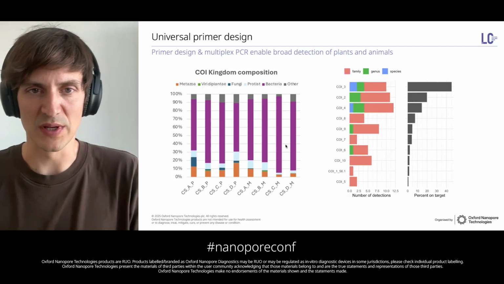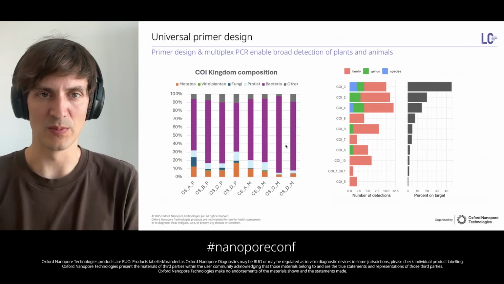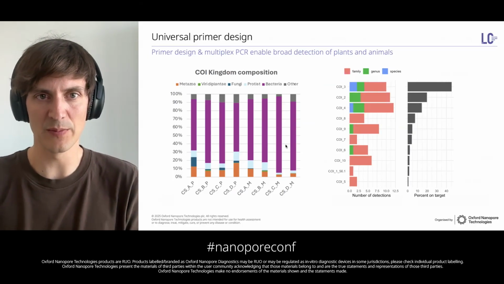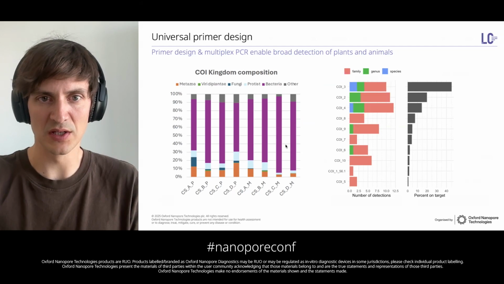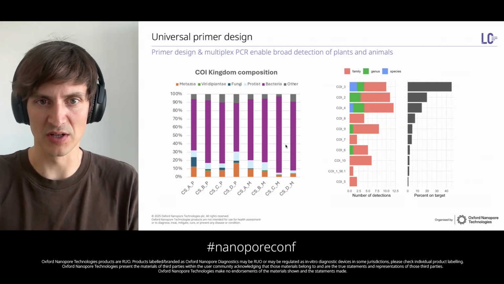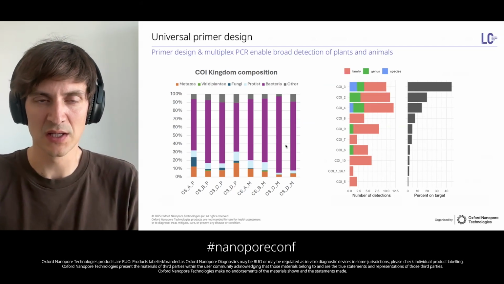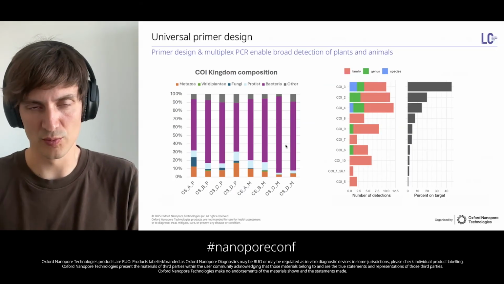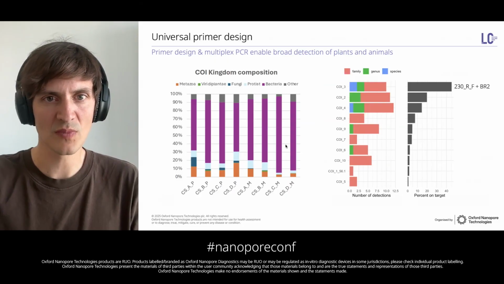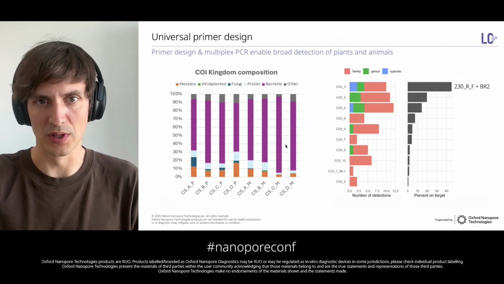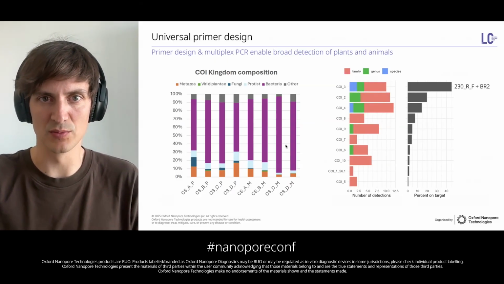And we did this by combining different already published primers and achieved, as you can see here, a relatively high on-target rate of over 40%, while remaining rather sensitive to detecting many different species. And we did this with the two primer pairs shown here.